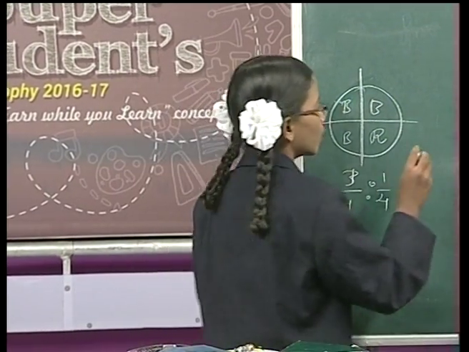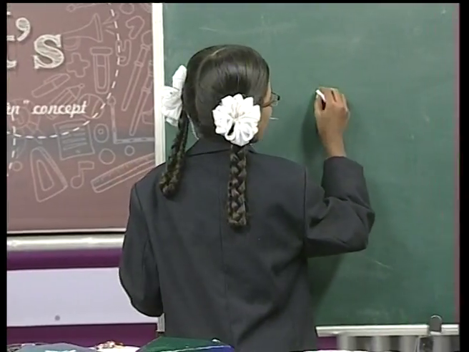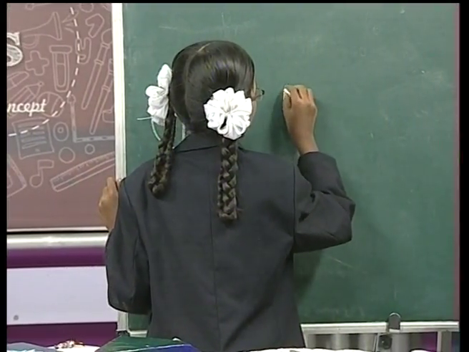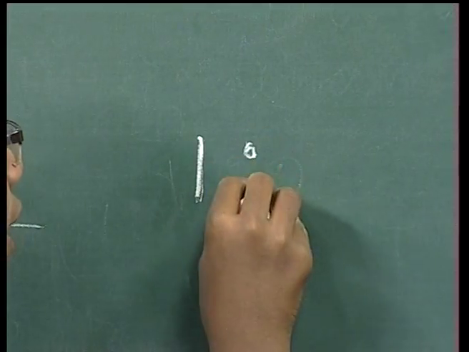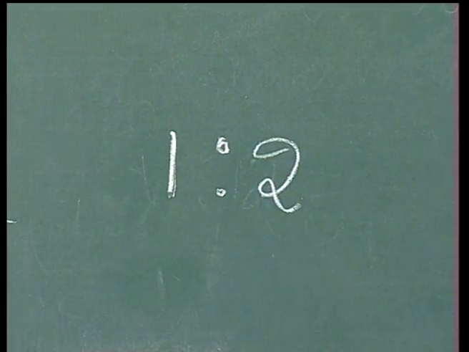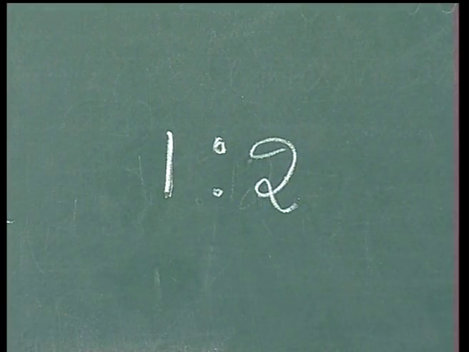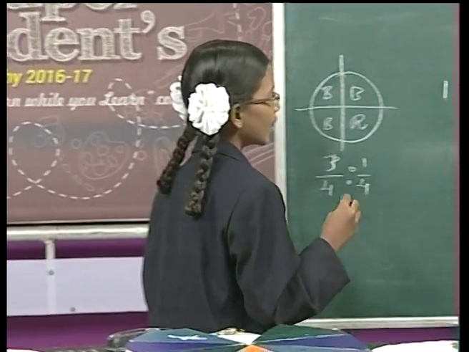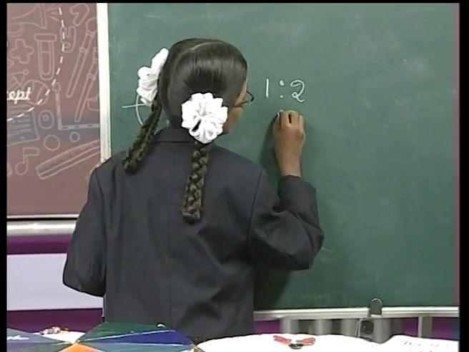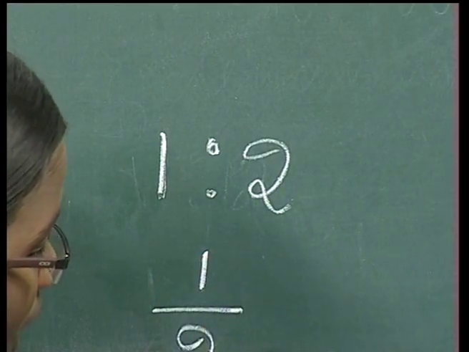Friends, for example, one is to two. 1:2. Friends, how do we convert it into a decimal? First we convert it into the fraction 1/2.